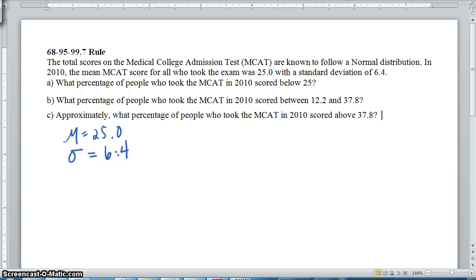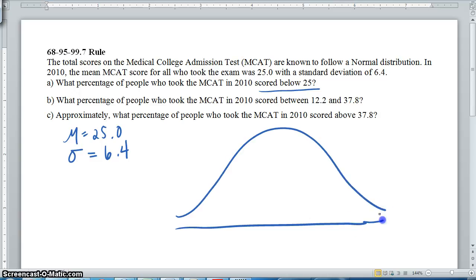And so if we want to find the percentage of people who took the MCAT in 2010 that scored below 25, then the first thing that we should do is we should draw the distribution. This is always a good idea. So we draw our normal distribution, and in the center we put our mean.